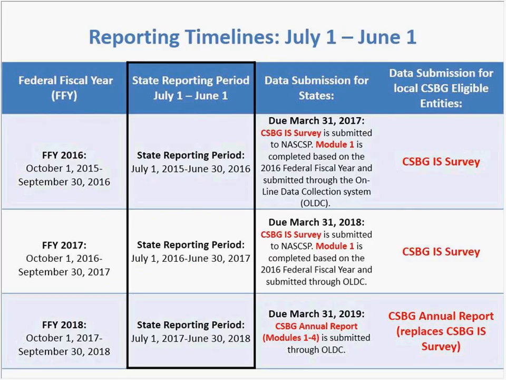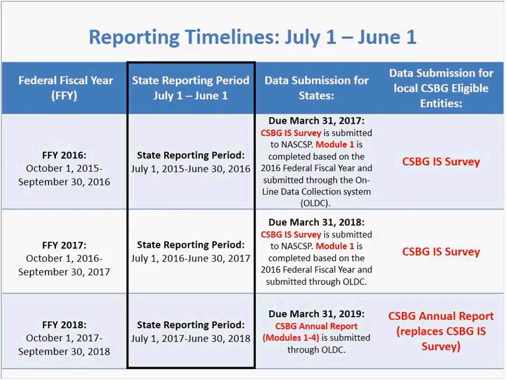So this part might look a little familiar to anyone who's been on one of our regional calls in the past few months. We wanted to take those 2 phases and the implementation timeline and see what this really means for states based on their state reporting period.